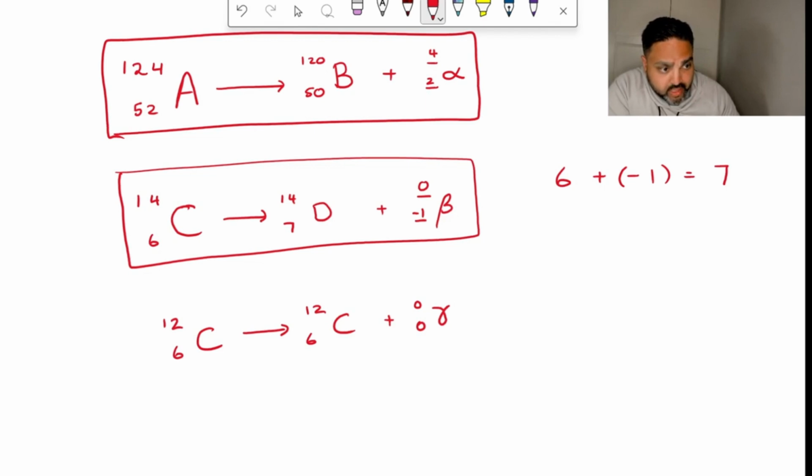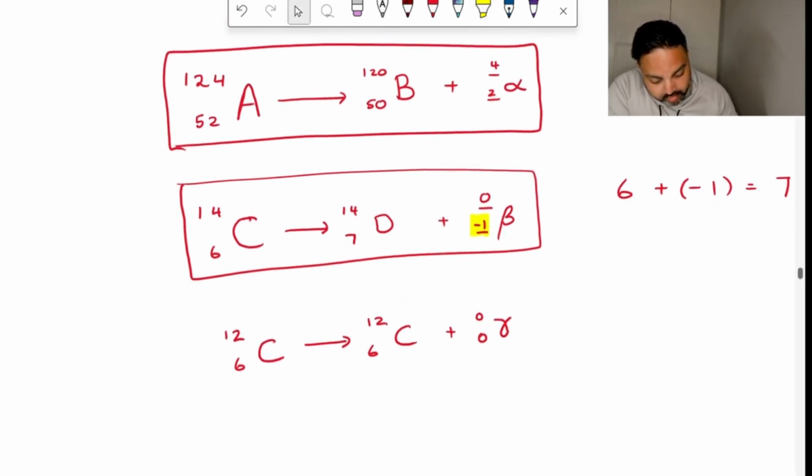Does that make sense? Tell me in the chat, T and N. Good, thank you. Because a beta particle's got a -1 there, instead of taking it away, you add the number.